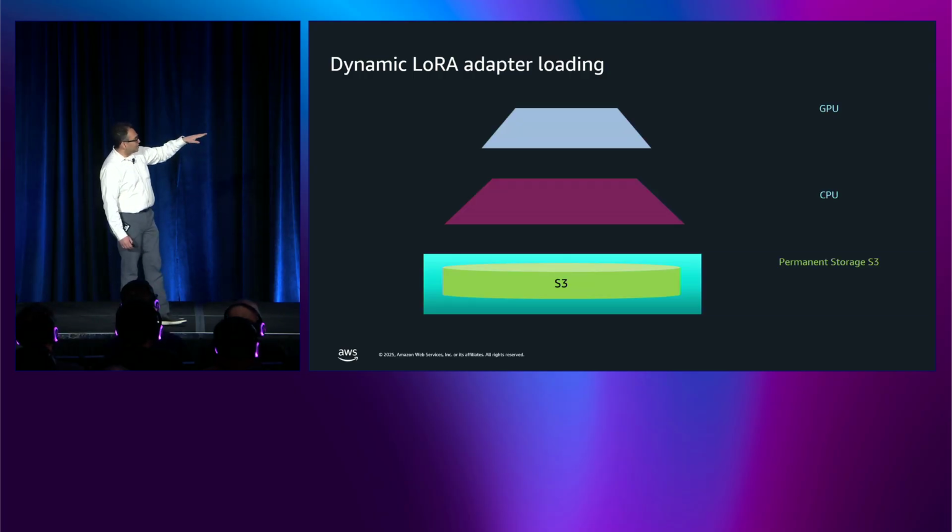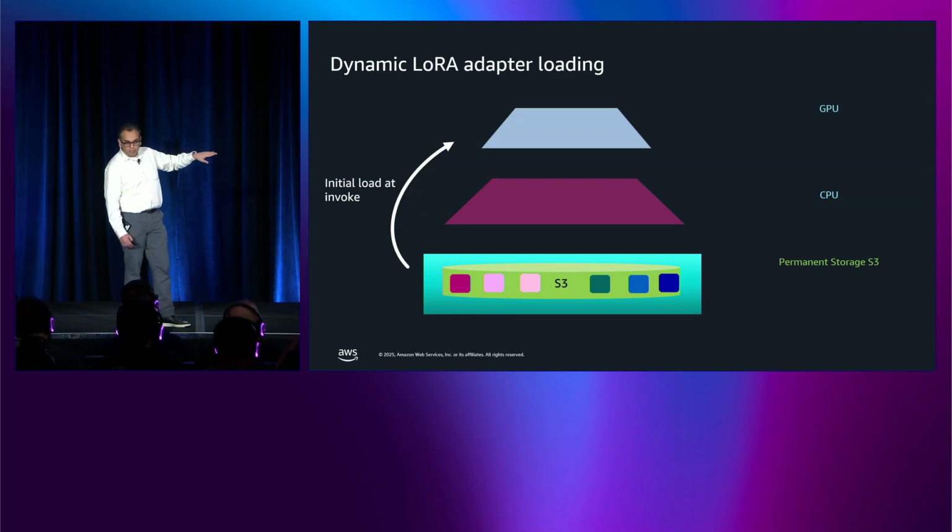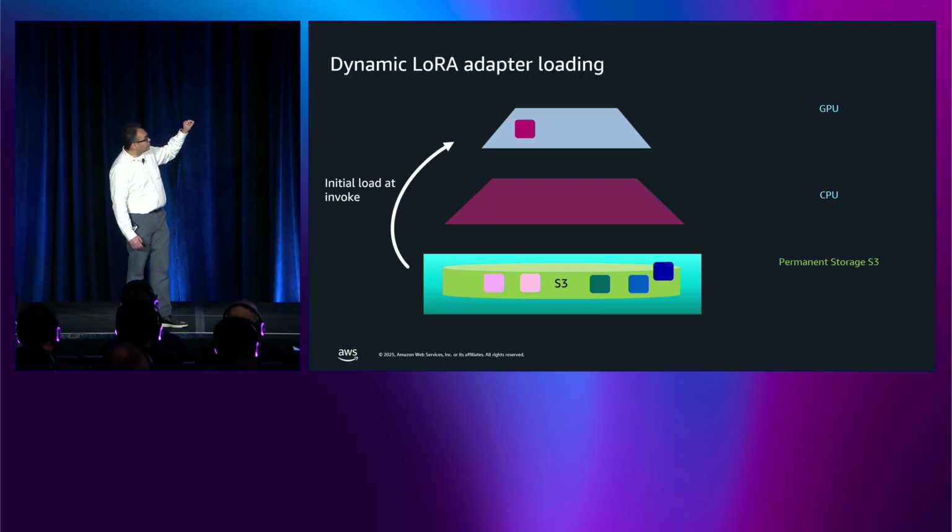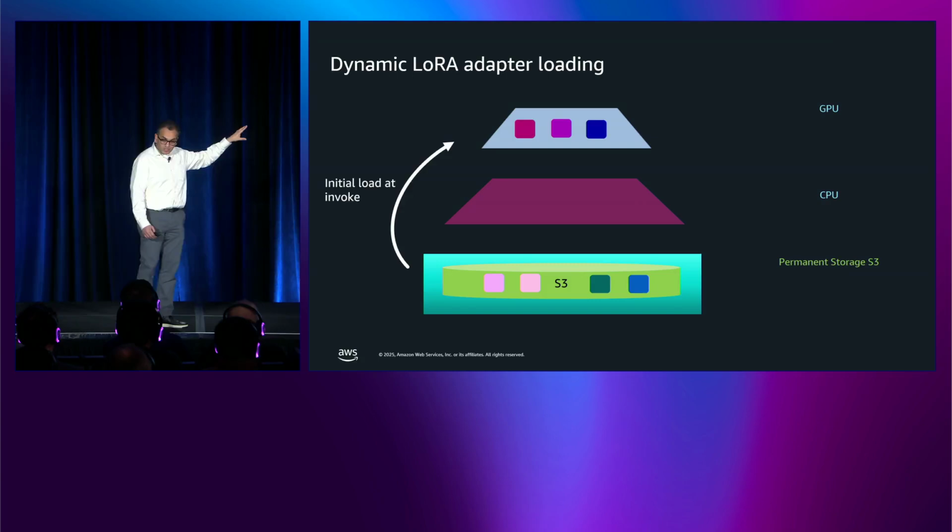Let me explain to you what that means. So let's say that you have your S3, your CPU and GPU. Initially, all your LoRa adapters that are trained are sitting in an S3. At the time of initial invoke, the adapters move to your GPU, and then they start serving the traffic based on what has been invoked.